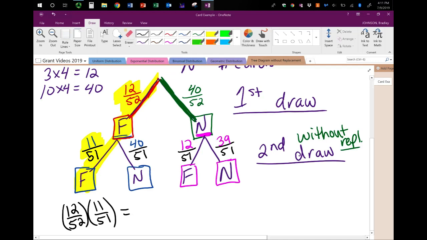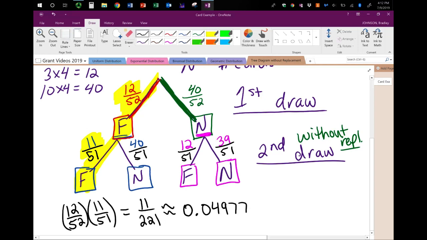So let me multiply that out. If you take your calculator, make sure you put parentheses around your fractions, and if you reduce the fraction, you'd end up with 11 out of 221, which is approximately 0.0498.